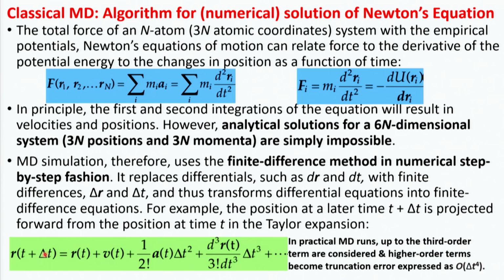Now, we can manipulate this Taylor series expansion in different ways, and we get different algorithms. Let us say we start a molecular dynamics simulation at time t equal to 0. The position generally we can get from structural data, for example XRD data, or we can just use a random distribution of the atoms.